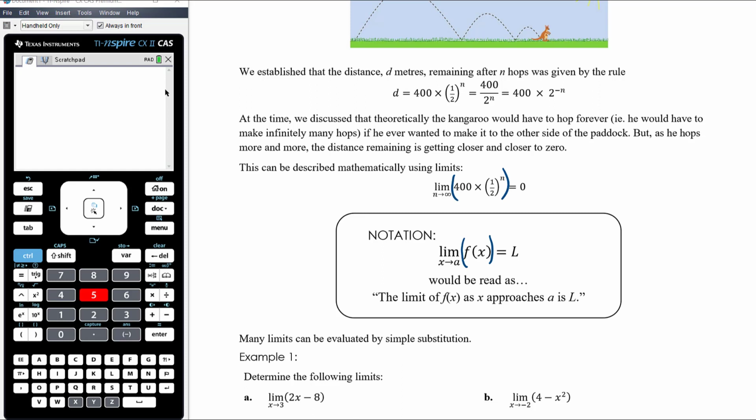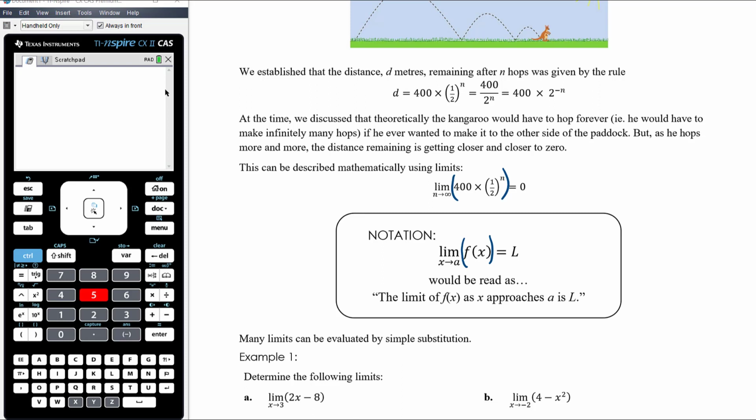So the limit as x approaches a of f of x is equal to L, is what we've got written here in this box. As x gets closer and closer to the value a for this particular function, the function approaches a value of L, so the limiting value is L.